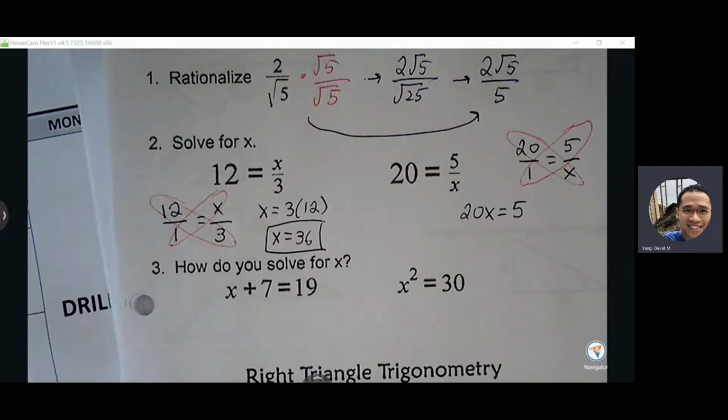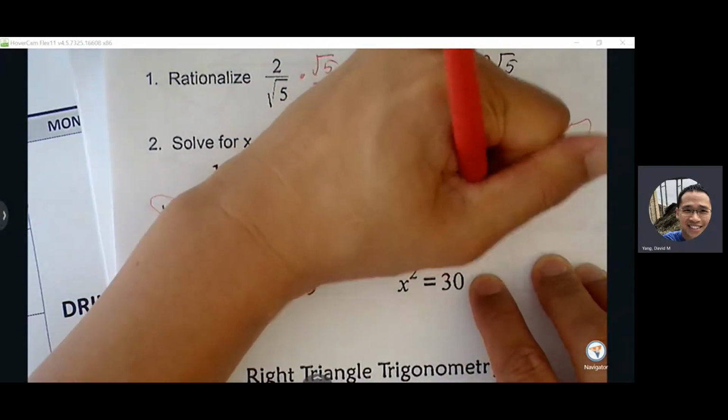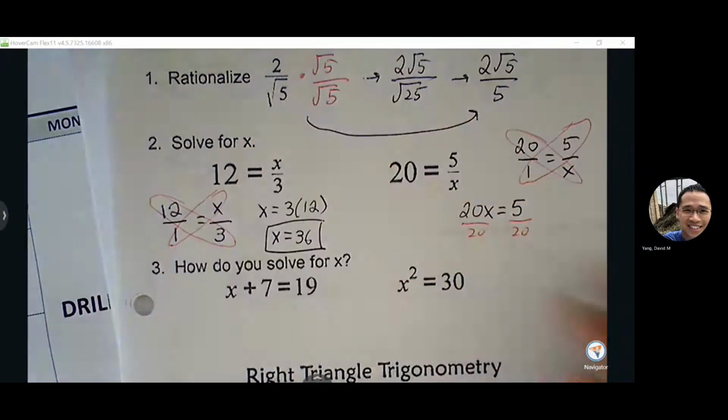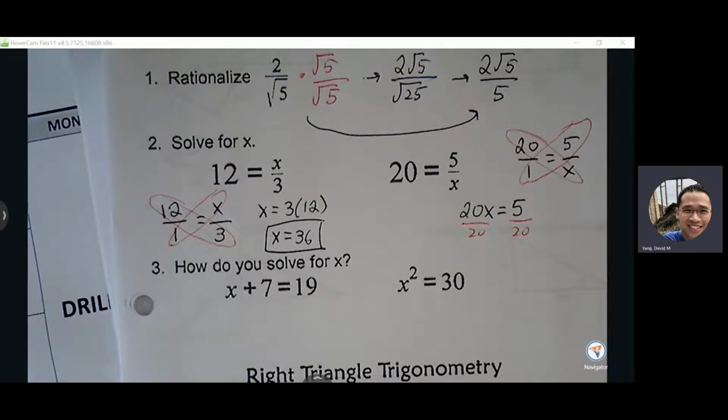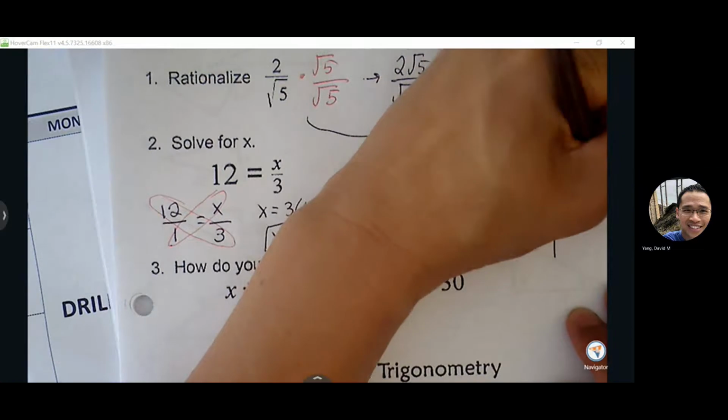What can I do to get x by itself? Divide both sides by 20. 20 moves to the right side, 5 over 20, which reduces to 1/4.